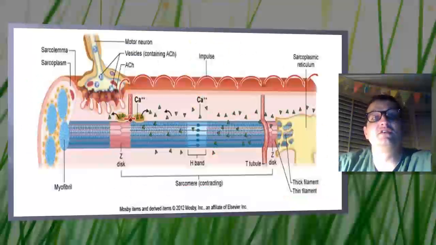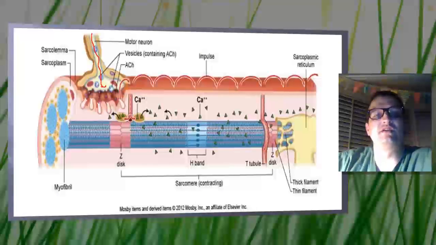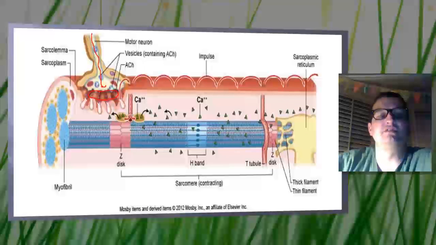So you can see here is the motor neuron. The impulse comes down here to the end, where it stimulates the release of acetylcholine in the synaptic cleft, which is here. That binds to the acetylcholine receptors on the motor end plate, which are shown here.